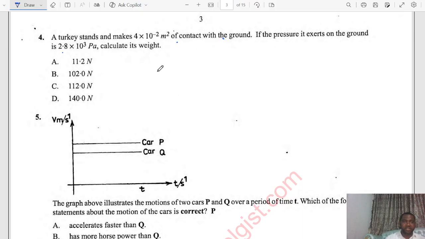In this case, we can say that the pressure is force all over area. The force in this case is its weight. So that means the force is going to be equal to pressure times the area. The pressure is 2.8 times 10 raised to the power 3 multiplied by the area, which is 4 times 10 raised to the power negative 2.